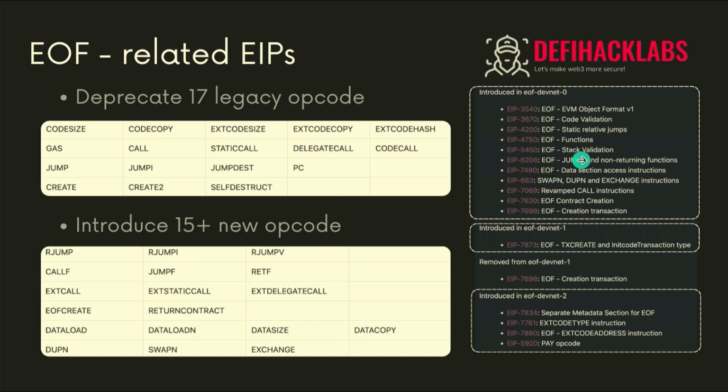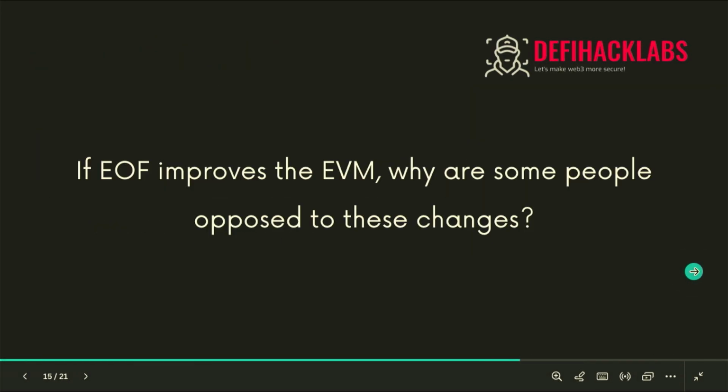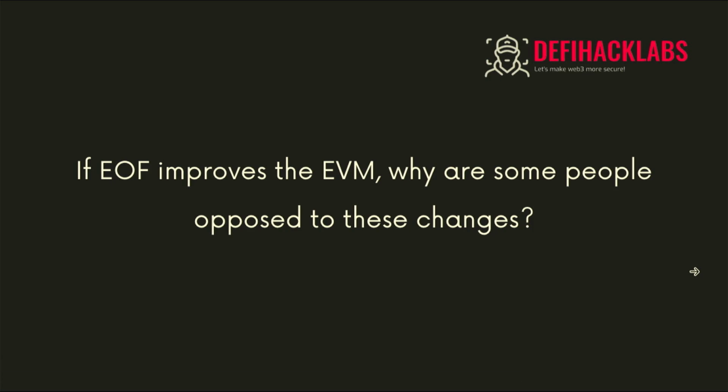So they needed to introduce new EIPs to resolve these issues. So far, we have covered many features introduced in EOF and how they improve the EVM. Now EOF looks good because we will no longer have stack too deep. We will have a versioning header, and it will be easy to deprecate opcodes.